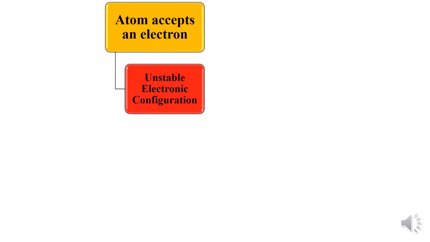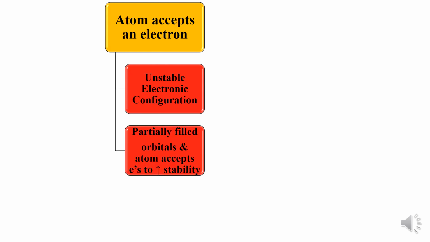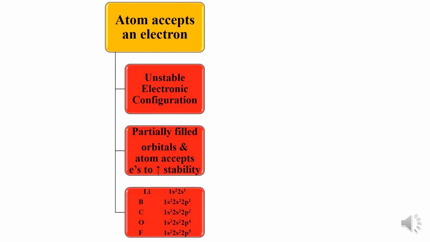So an atom accepts an electron if it has an unstable electronic configuration, if it has partially filled orbitals, and atoms accept electrons to increase their stability.